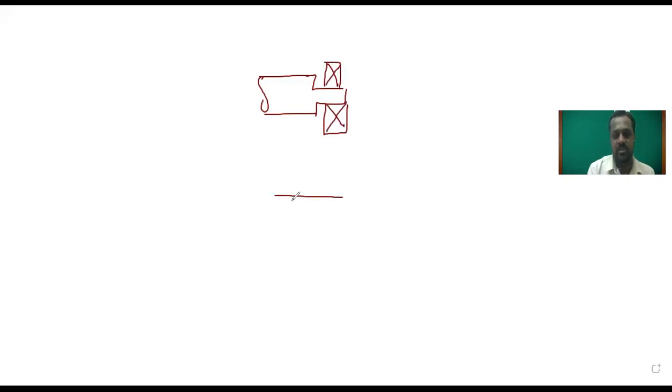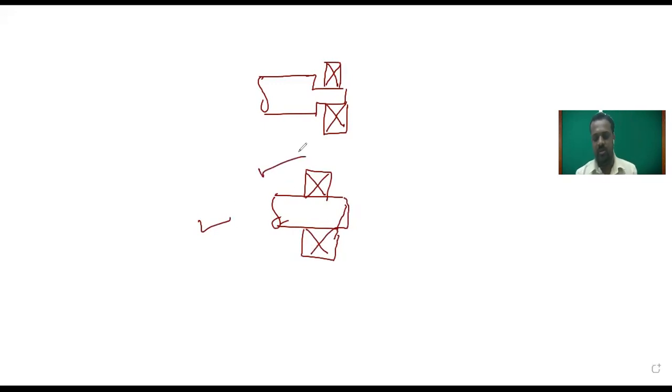See, this indicates the conventional representation for the bearing.